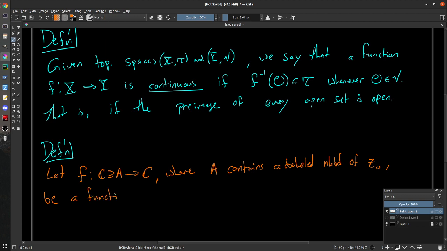So let's say that this is a function. We say f is continuous at z naught.